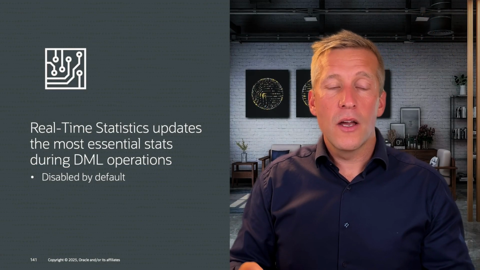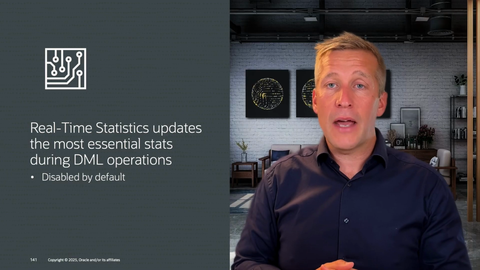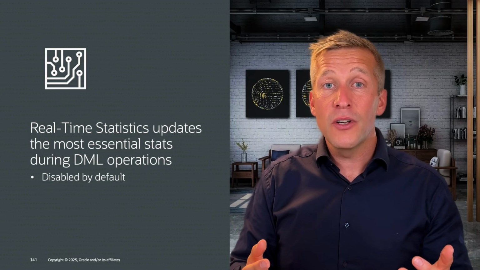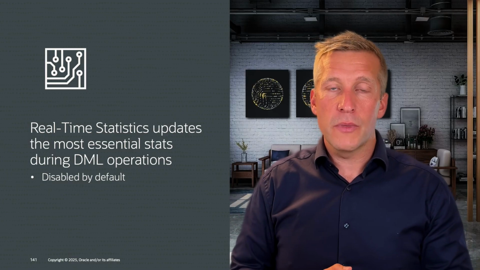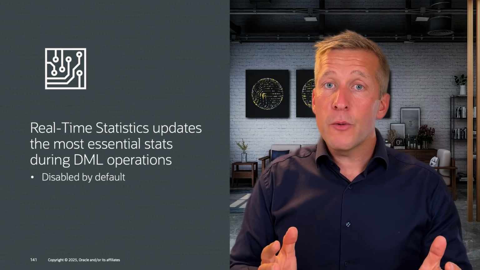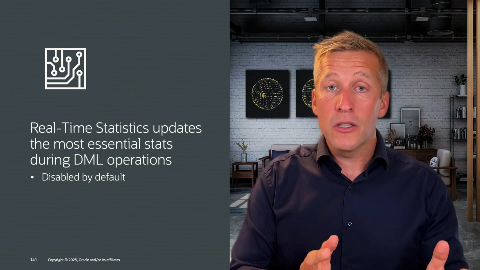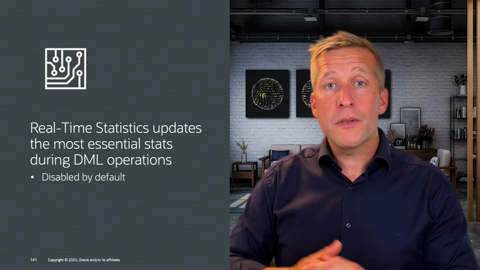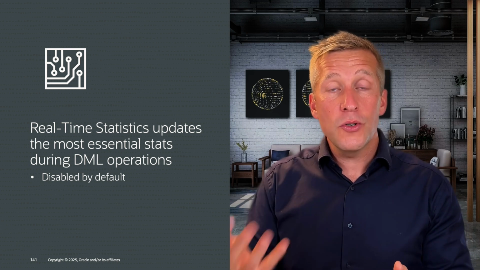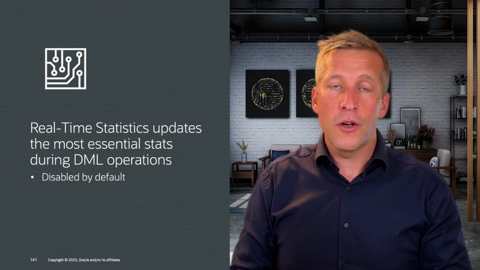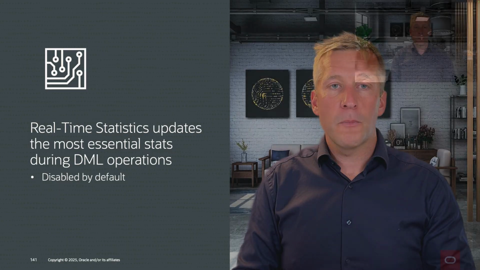On top of that, we have real-time statistics gathering. This is also an Exadata feature that you have access to in Autonomous Database. High-frequency statistics gathering is enabled by default. Real-time statistics, that is an option that you decide whether you want to turn on or not. It is disabled by default.